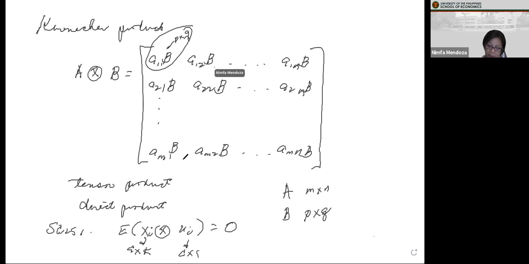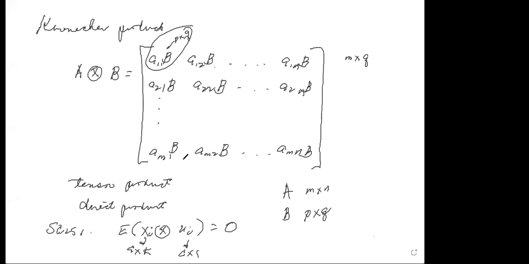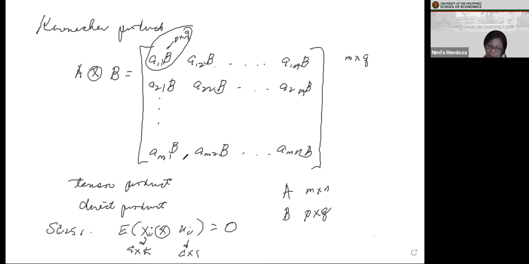So the number of columns would be N times Q. The number of columns of A is N, but then you multiply by B, so you would have Q columns for each.